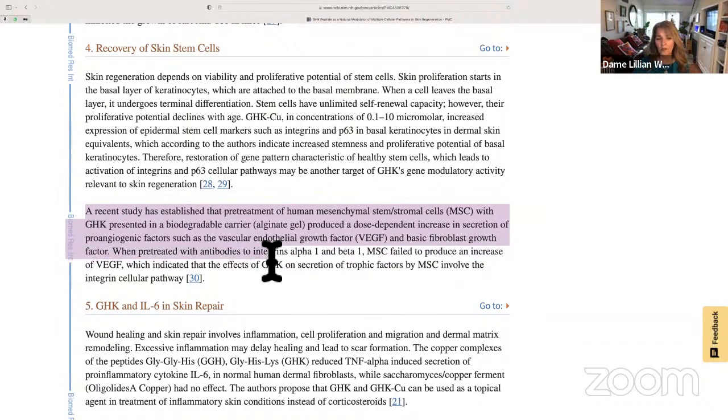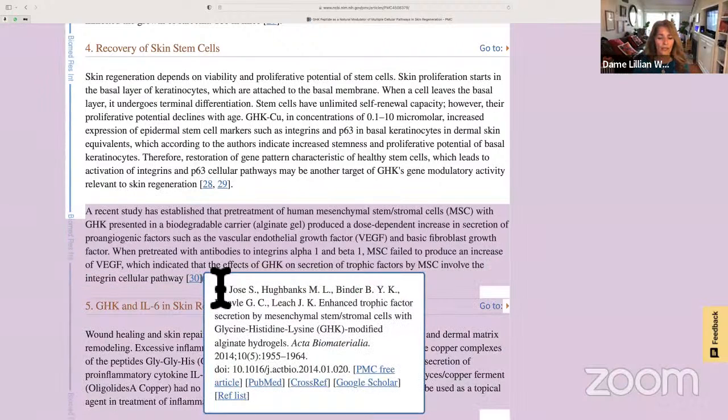When pre-treated with antibodies to integrins alpha 1 and beta 2, the MSC failed to produce an increase in VEGF, which indicated that the effects of GHK on secretion of trophic factors by MSC involved the integrin cellular pathway.